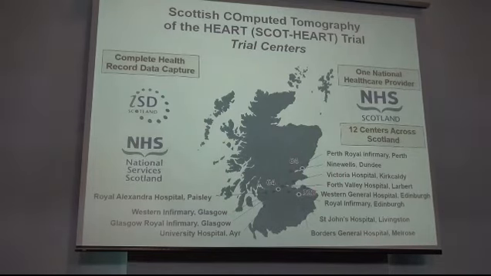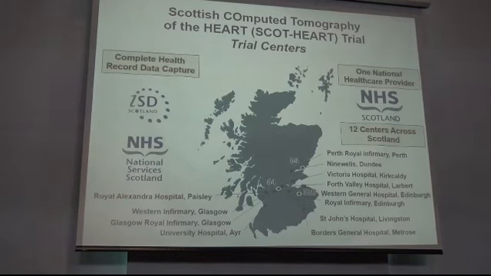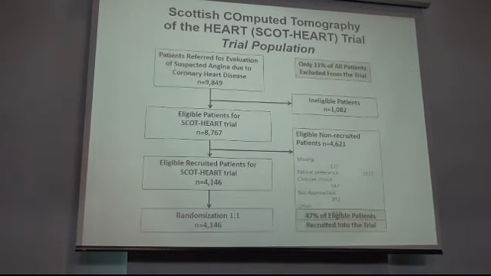And instead of following them up, we used our data science, so we had complete health record data capture, but instead of sending research nurses out, we got electronic. It's a way of running a clinical study using data as your ascertainment and your outcome definition. And it was published in the Lancet last year.